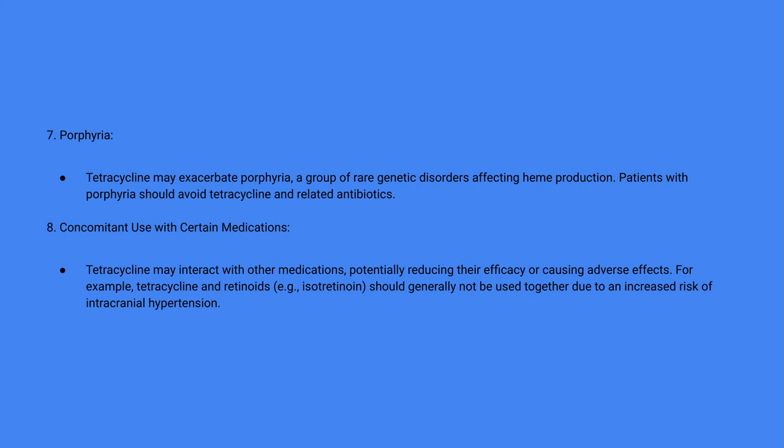Do you know this? Porphyrin, yes. That porphyrin is required to create heme. So if there is an excess amount of porphyrin in the body, then that condition is called porphyria. It's a rare genetic disorder. So if a person has porphyria, then tetracycline should not be given. Remember.